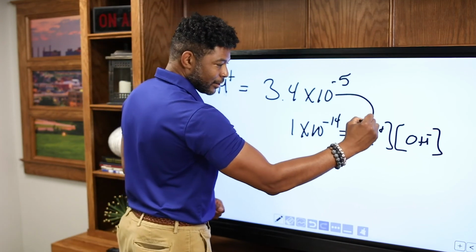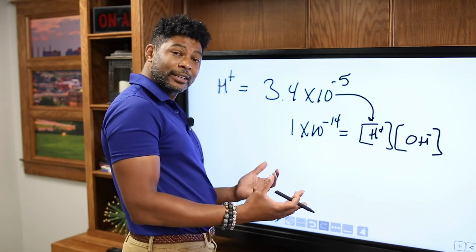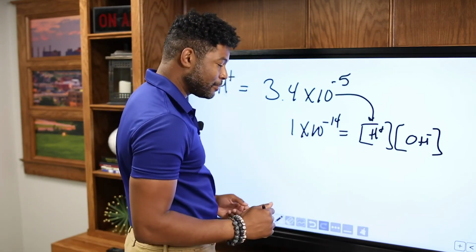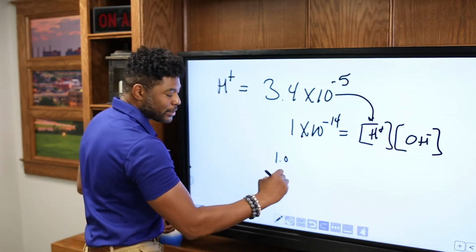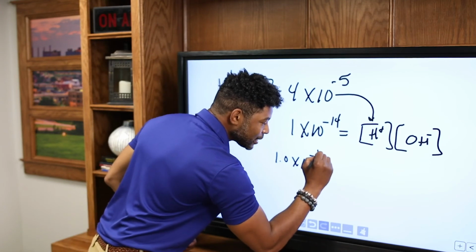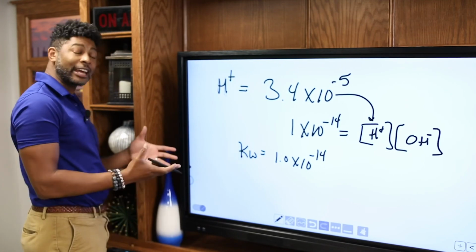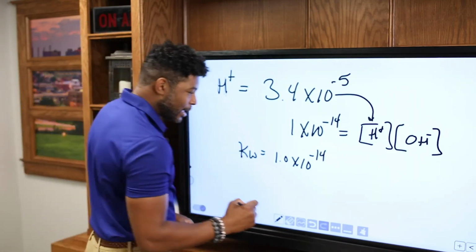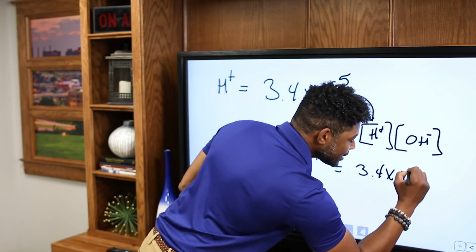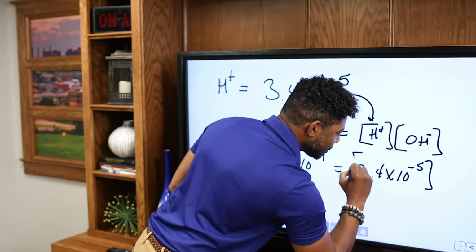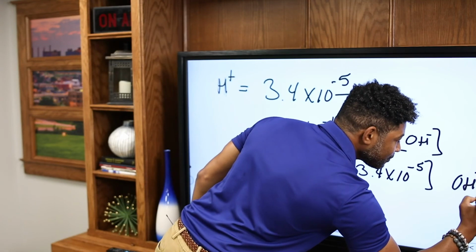This number goes here. So when we look at the math, all we have to do is plug in and substitute. Here's what I mean. So we have 1.0 times 10 to the minus 14. That's our Kw number, right? That's the number that we say is kind of like water, where you have equal on both sides. Now, that would equal 3.4 times 10 to the minus 5. So that's what was given in our problem. We're trying to find OH-.